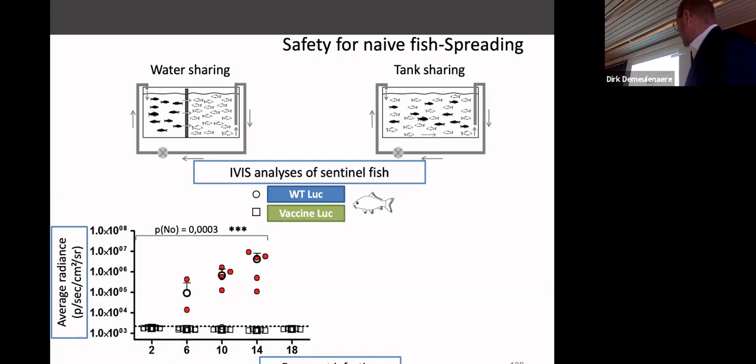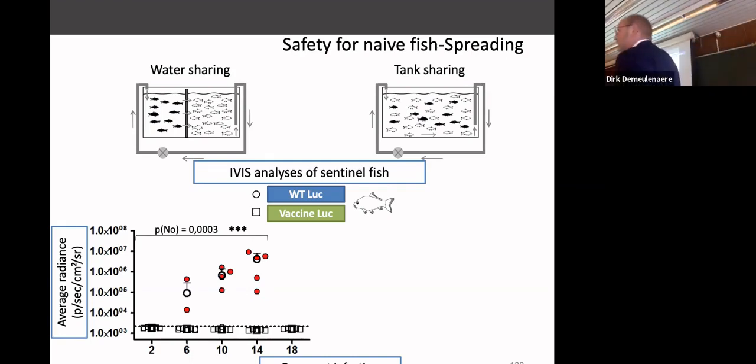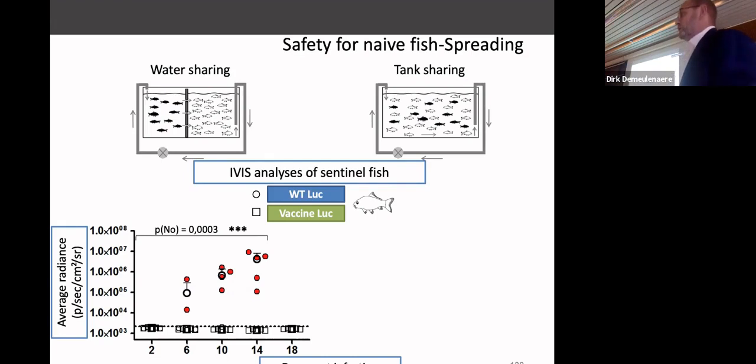So that means that not a single sentinel fish was detected positive by IVIS. In other words, these vaccinated fish probably secrete some virus, but the amount of virus secreted is so low that it's not sufficient to contaminate the fish downstream. So no transmission through the water acting as an abiotic factor.